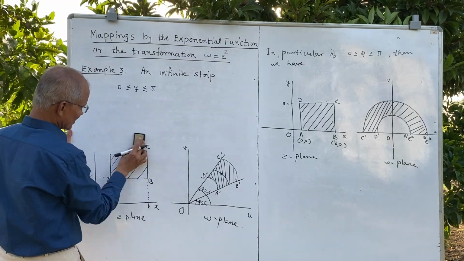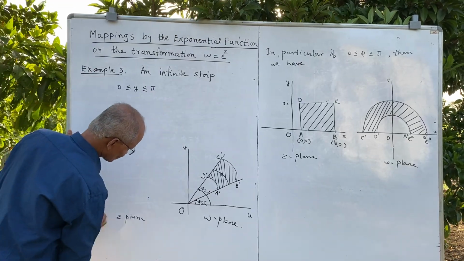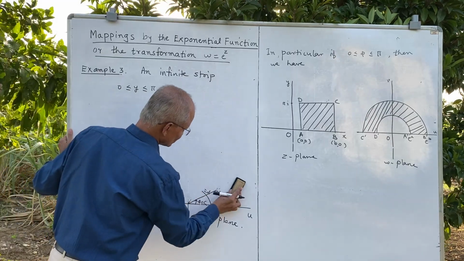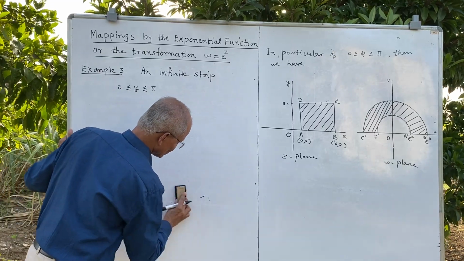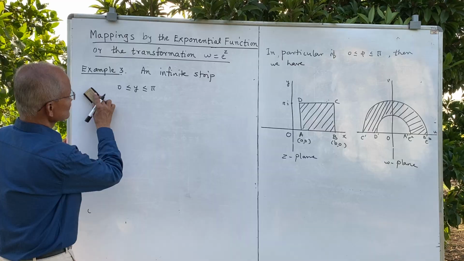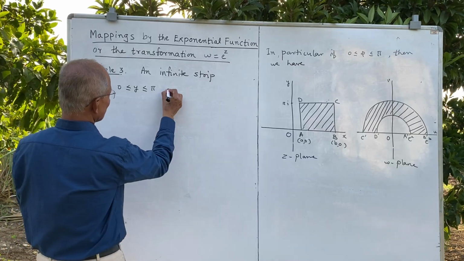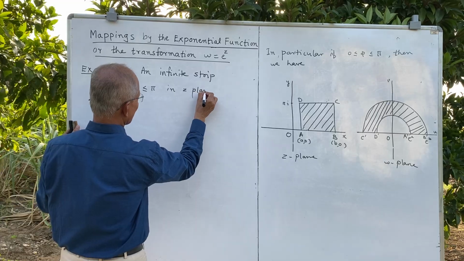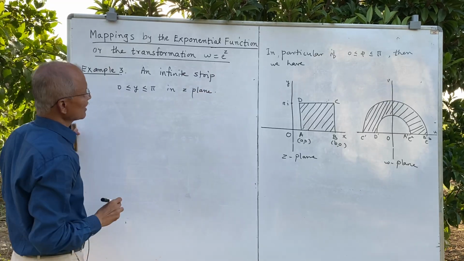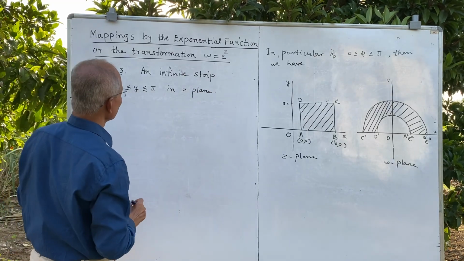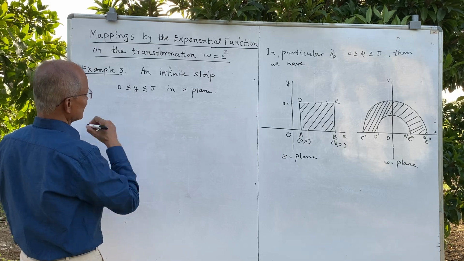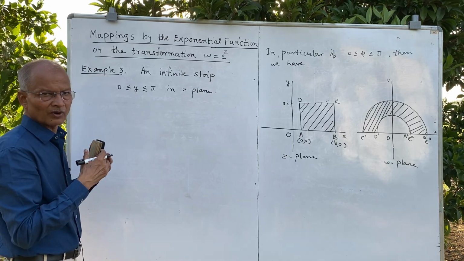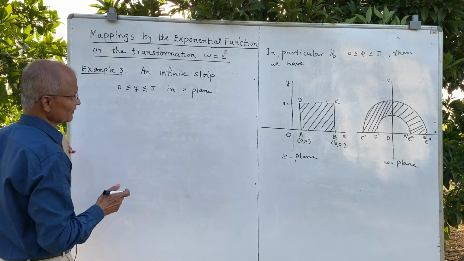How is this transformed? In the Z plane, consider an infinite strip, and here x will vary from minus infinity to plus infinity.